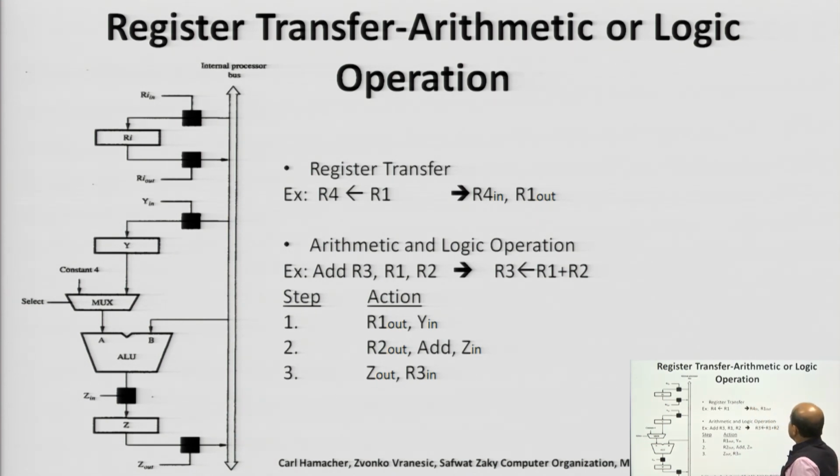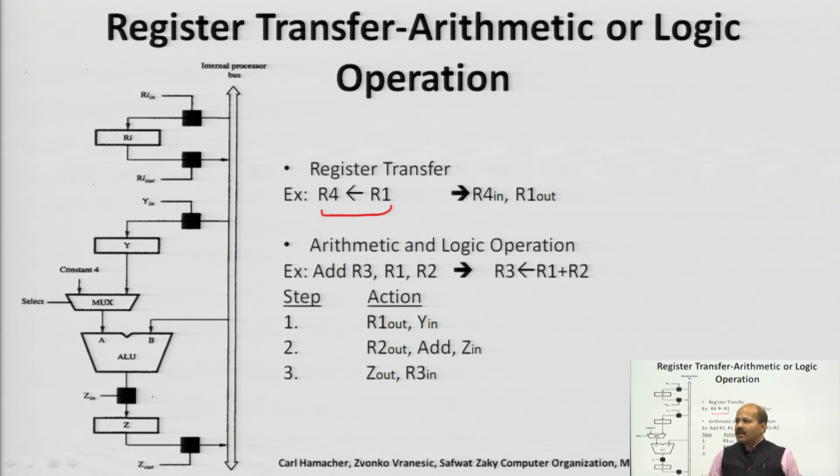How can this be performed? Let us see. Suppose we have to perform this operation: the contents of R1 will be transferred to R4. Again, the same architecture we will use. In this case, each component will have two gates, one is an input gate and another is an output gate.